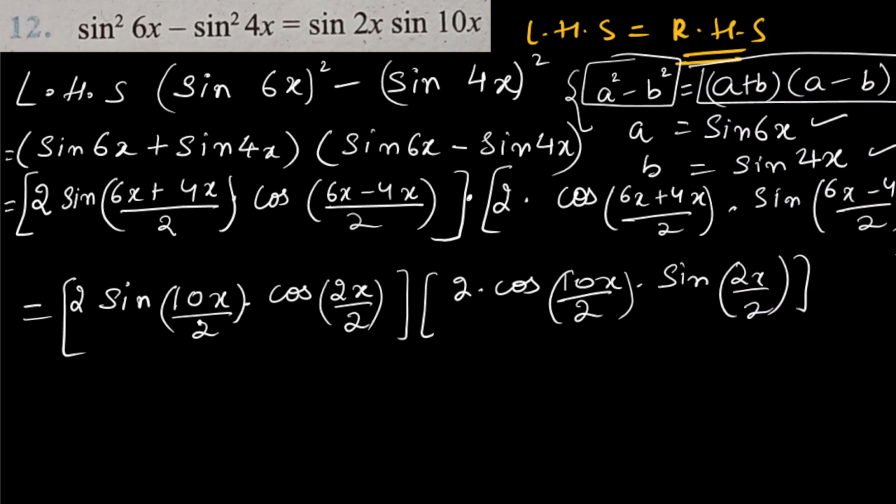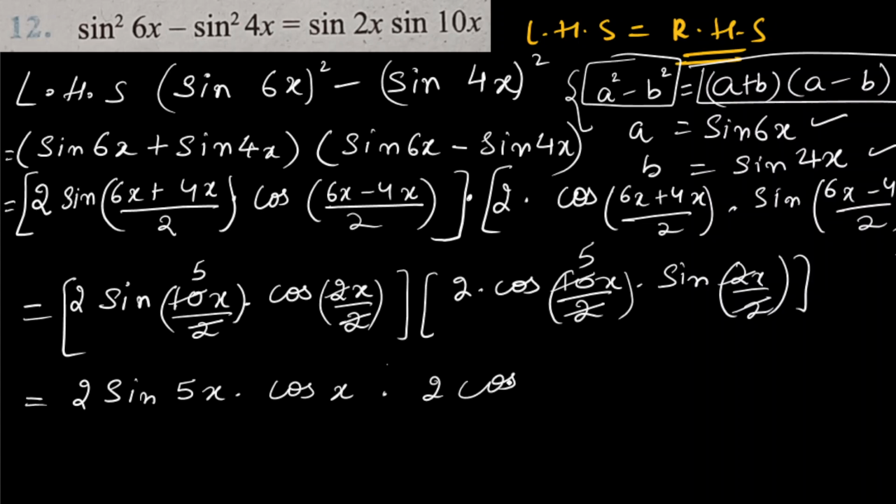So 2 into 1, 2 into 5, 2 and 2 will get cancelled. Here also 2 and 2 will get cancelled. So 2 sine 5x, x as it is, into cos x, into 2 cos 5x into sine x.